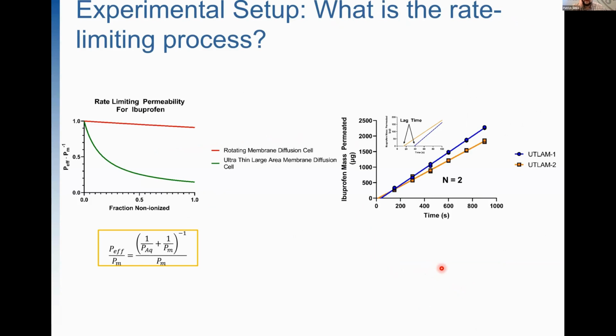But are we really sure what the rate limiting process is for our drug? Doing a quick calculation based on previous data, we saw that we needed a fully non-ionized ibuprofen to achieve the rate limiting process that is highest for the concentration boundary layer.